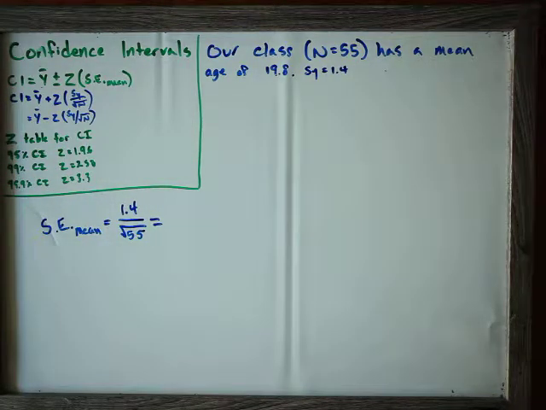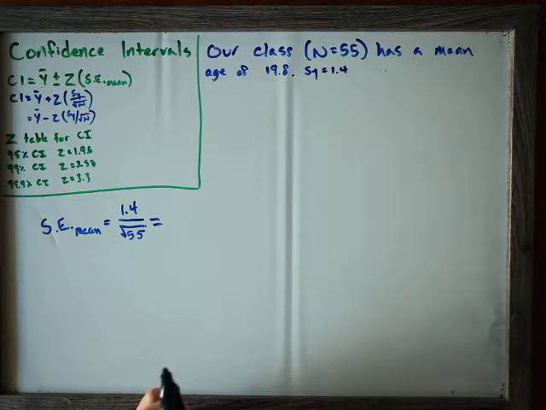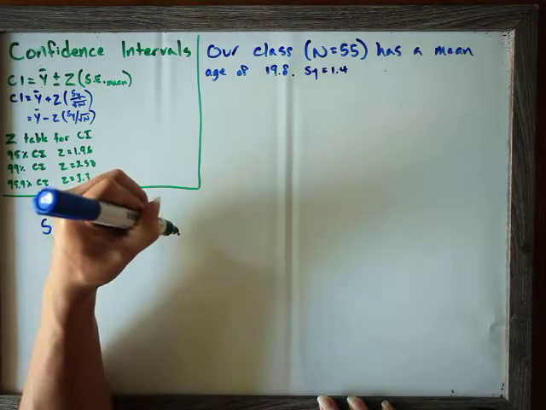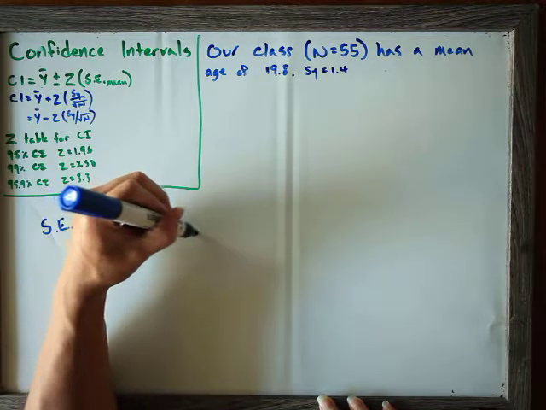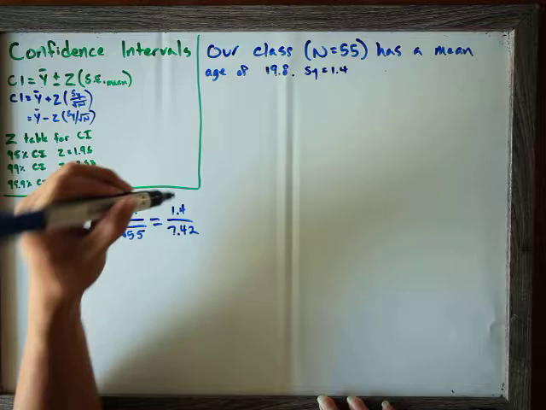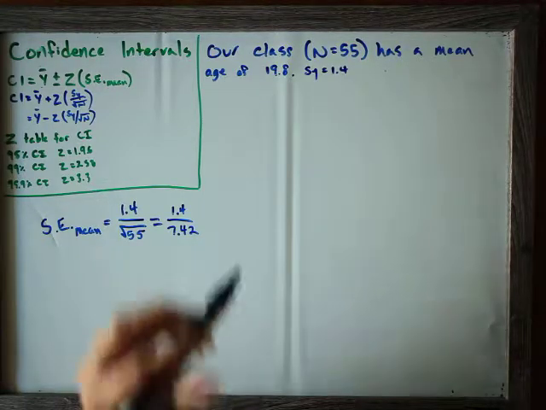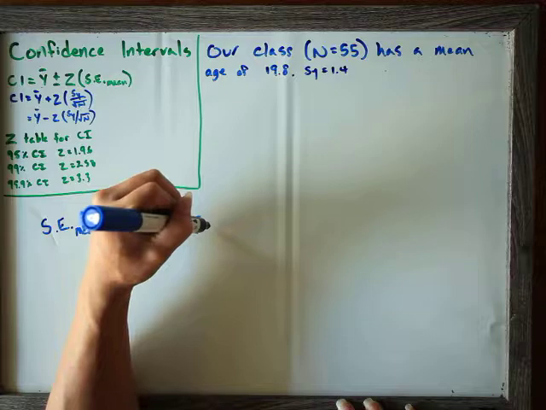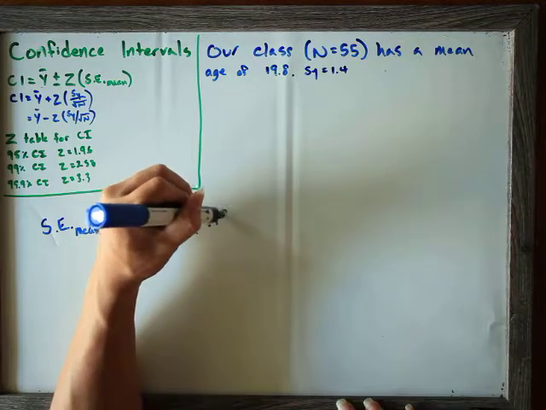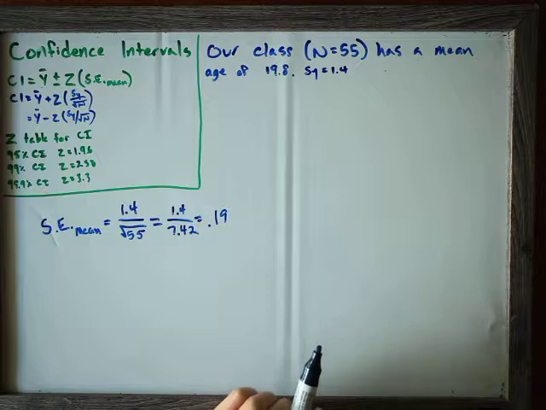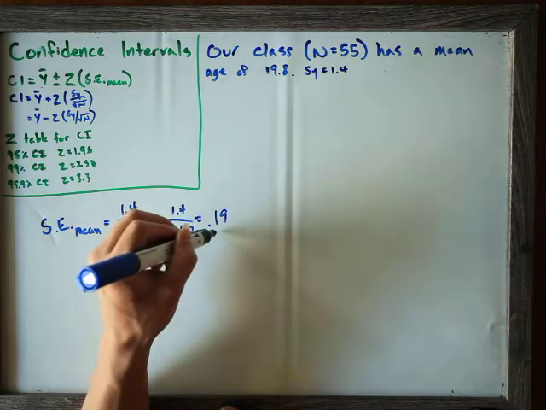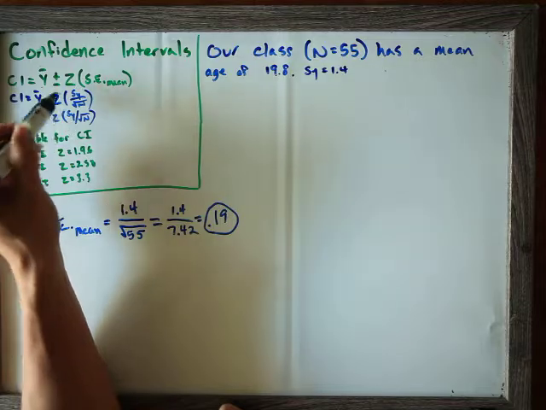The square root of 55 is 7.42. Now we're going to take 1.4 and divide it by 7.42, and that's going to give us our standard error of the mean. So our standard error of the mean is 0.19, rounding to 2 decimal places. This is the value that we are going to plug in here.